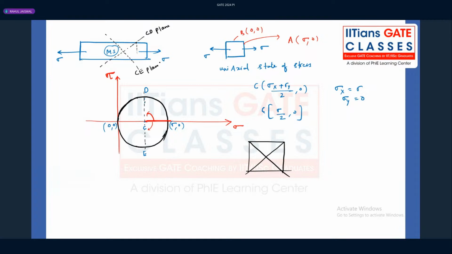So how will the failure take place along these two planes? It will be like a cup and cone fracture. Let me show you. You can see that along this plane and along this plane the failures are taking place, in the form of cup and cone fracture.